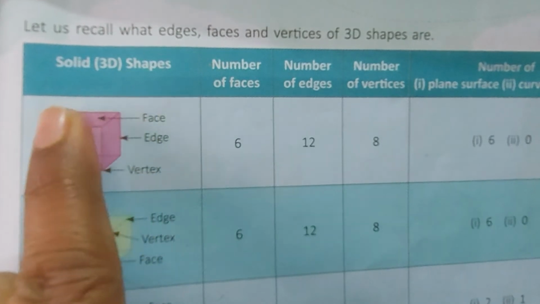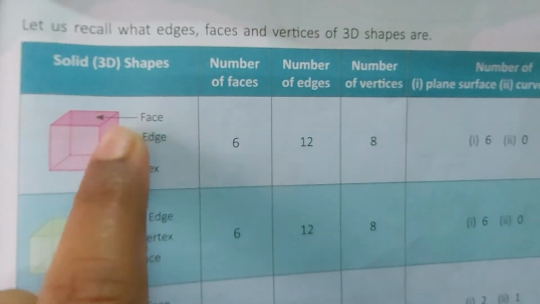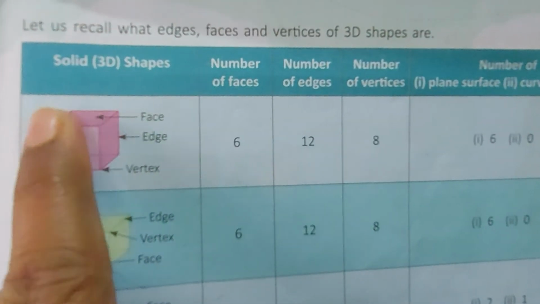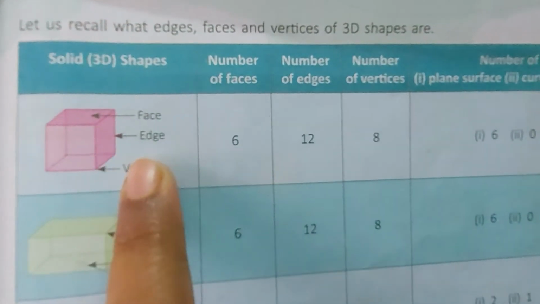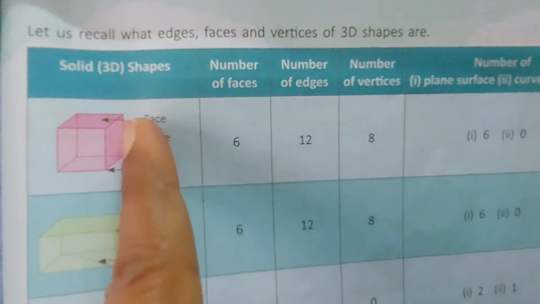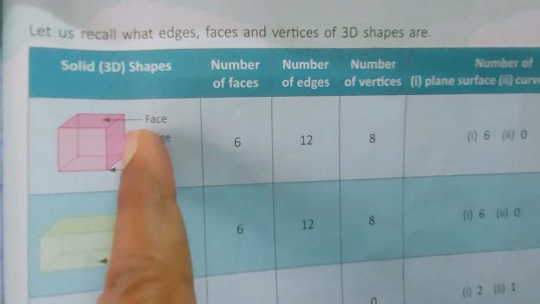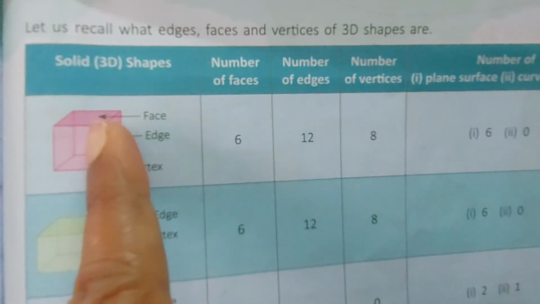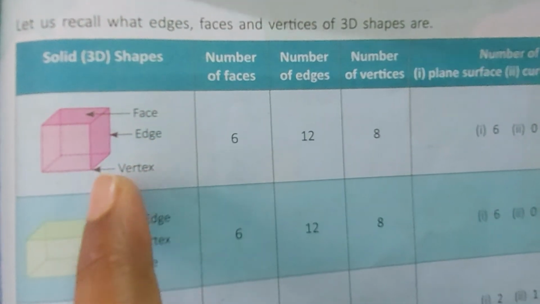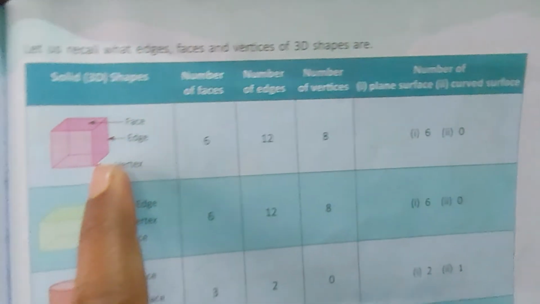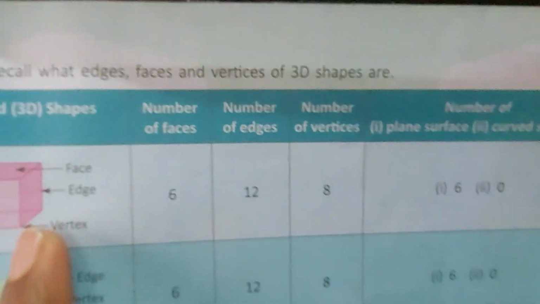We say this is a face, this is a face. So these are the faces of the cube. And this is the edge of a cube. These are faces, this is the edge, and the corner is called the vertex of the cube.